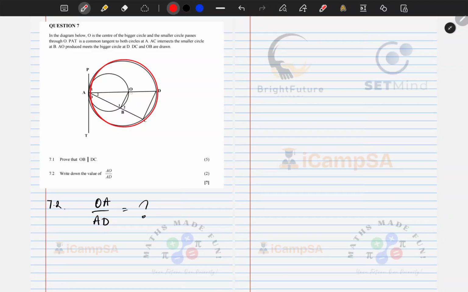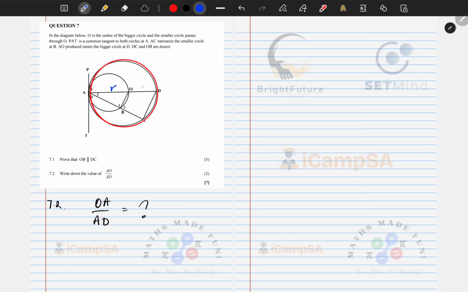So that means that OA is going to be R, because O is the center of the bigger circle, the radius. So that means that AD is going to be 2R.